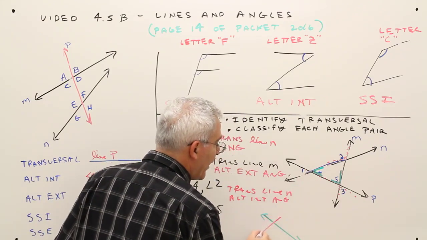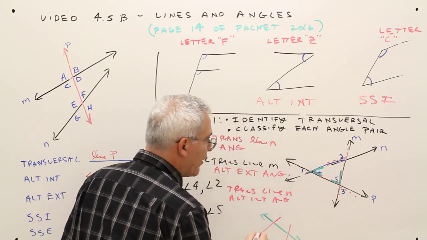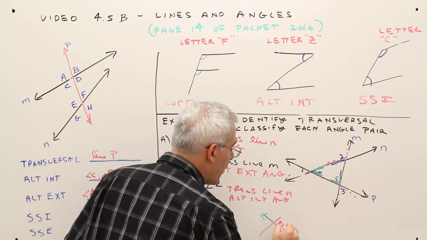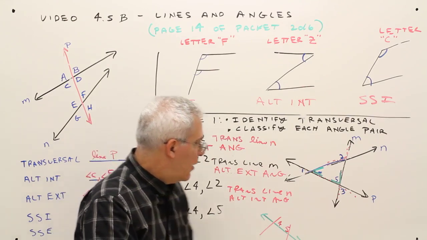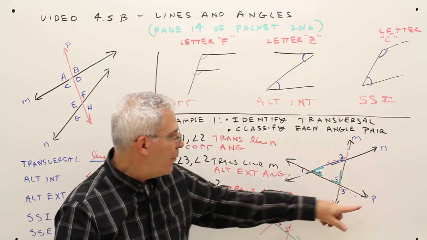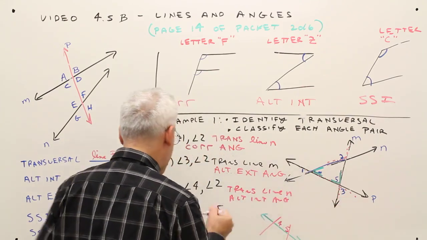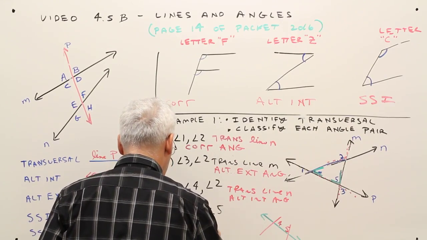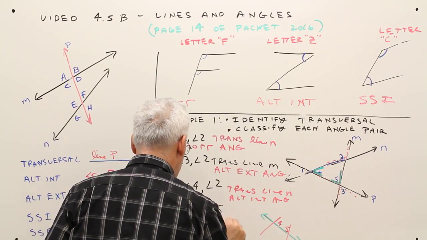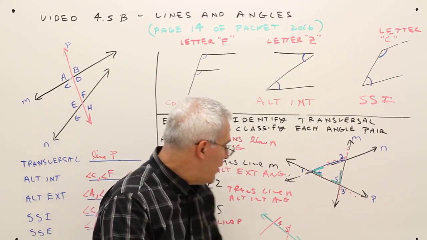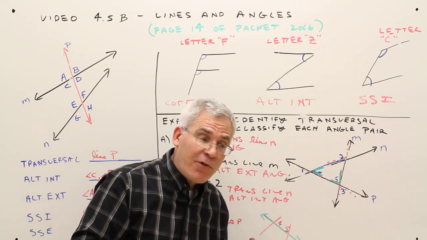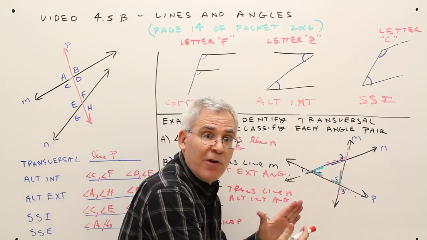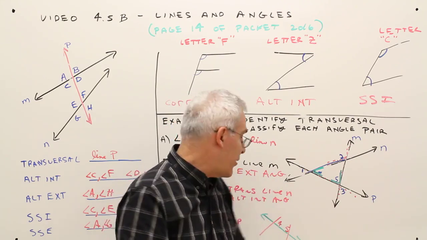So 4 has a line like that. 5 has a line like that. So here's a 4 and here's a 5. Okay, that's the transversal. I'll label that. Transversal is P. And then notice they're both on the same side of the transversal and on the interior, so same side interior angles.